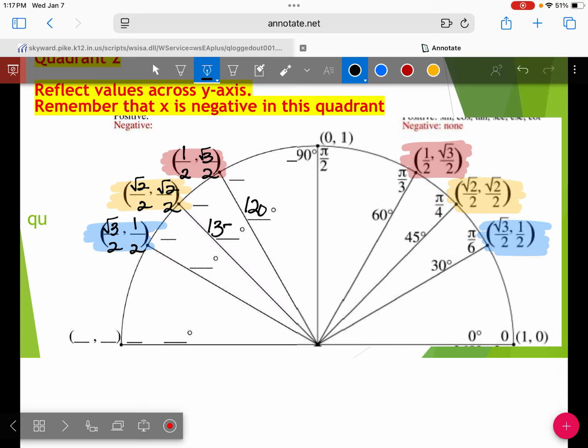Put that right here. 90 plus 60. 150. And we should know that here is my 180. Hopefully we know that. Okay. So now, this point is also going to be the same. So you can also reflect this 1, 0 over here.